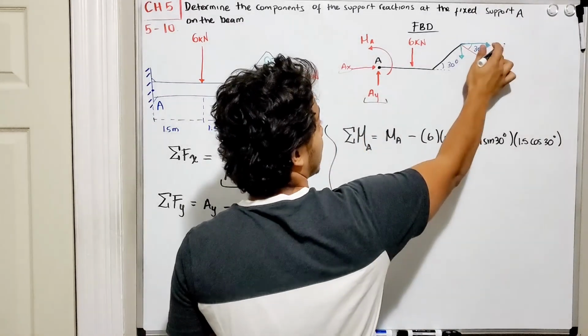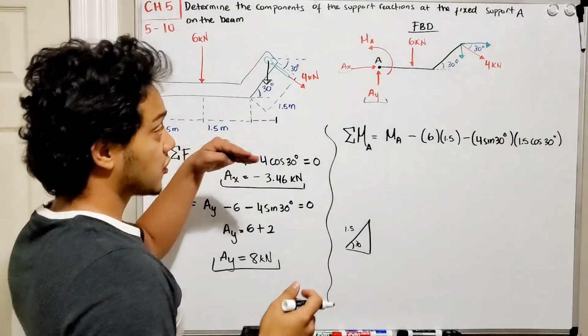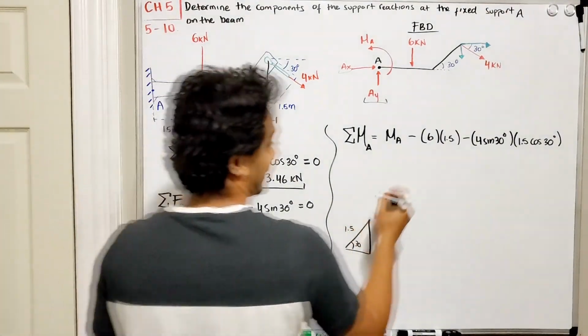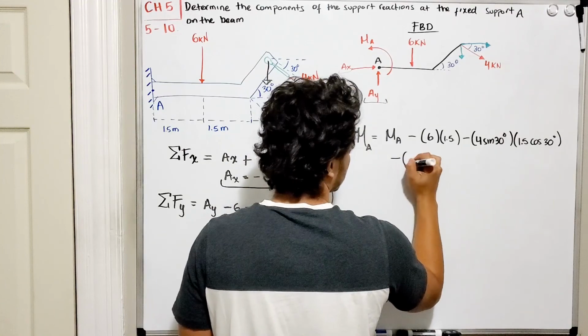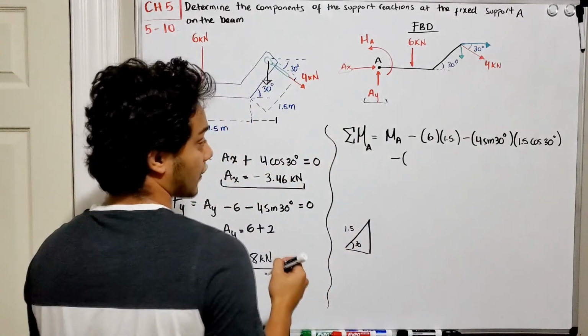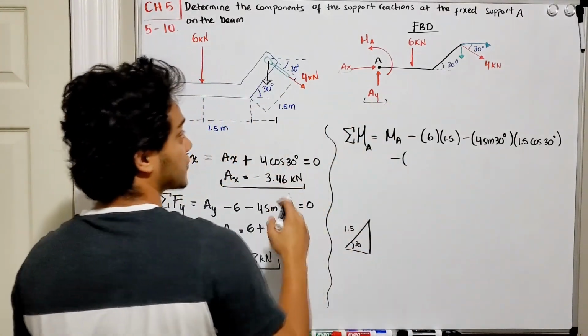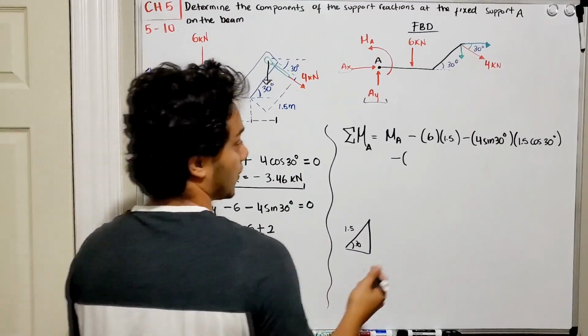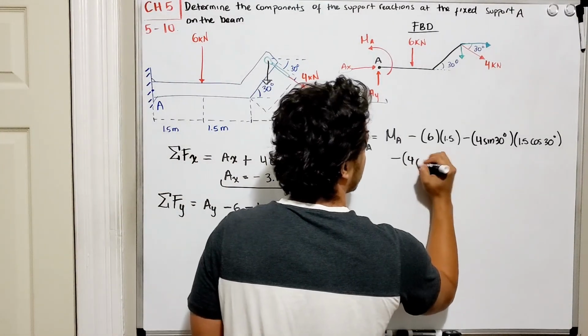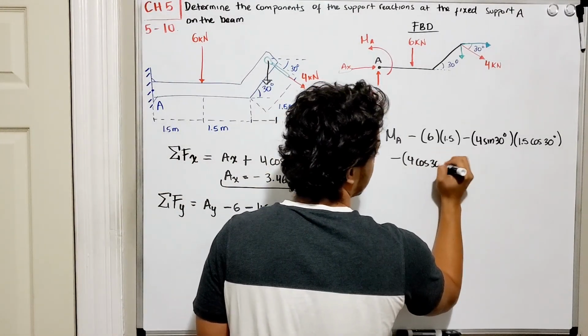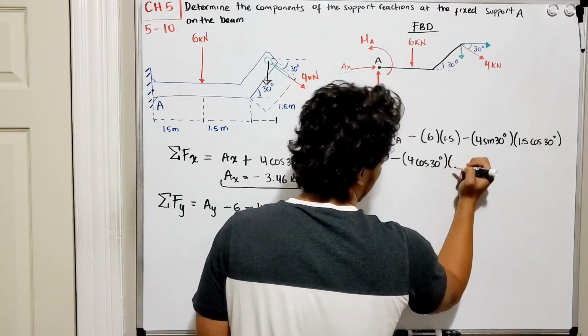Now, what about the x component? My x component is also going to be negative because it's gonna produce a moment that is clockwise. Now, how much is the x component of that 4 kilonewtons? Well, it's going to be 4 multiplied by the cosine of 30 degrees multiplied by the distance.